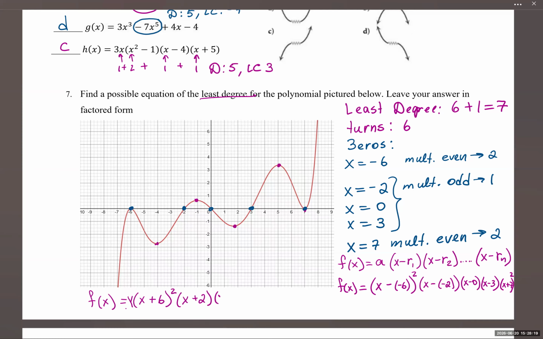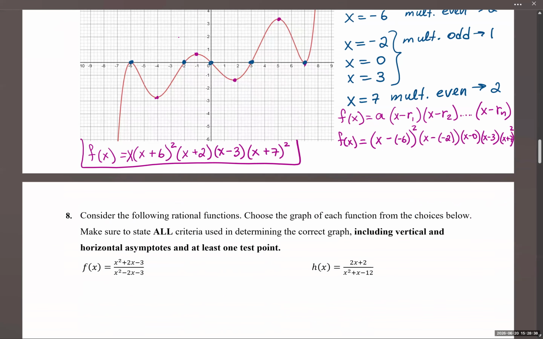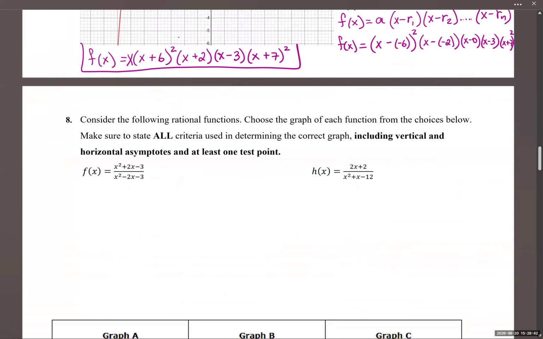We actually bring it out front, most likely. And then x minus 3, and then x plus 7, and that one is also multiplicity 2, so it has to be squared. So this is just the final answer. It doesn't look as bad as what it could. But we leave it in factored form, it just takes way too long to expand it.